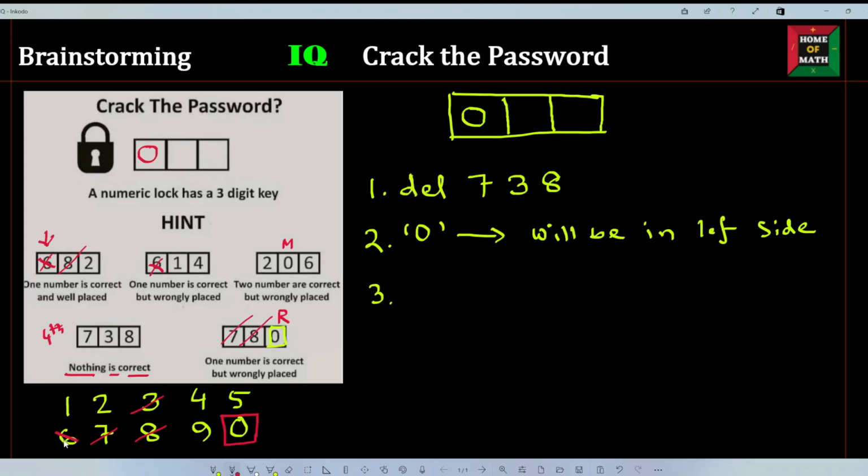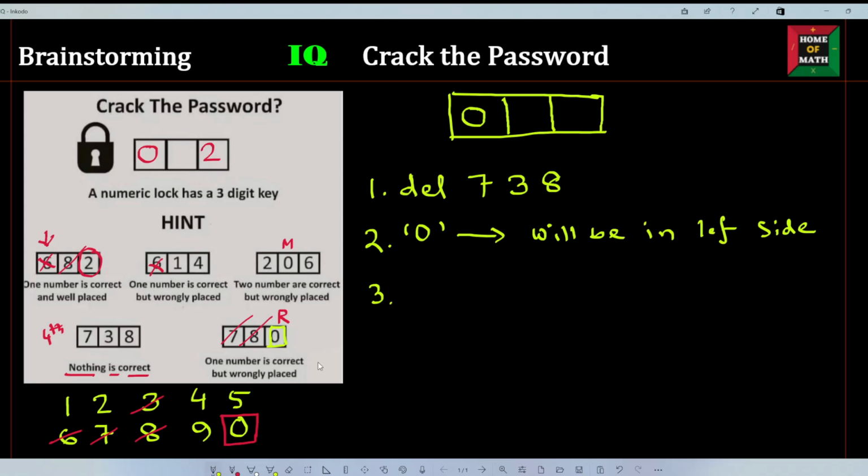So 6 is already out. So here, 1 number is correct and well placed. This one is 2. Why? Because 6 in both boxes is first place but wrong place, and 8 we already out. So 2 is a right number. Which one is third place?